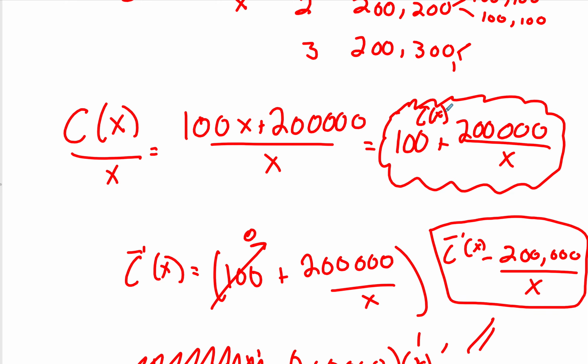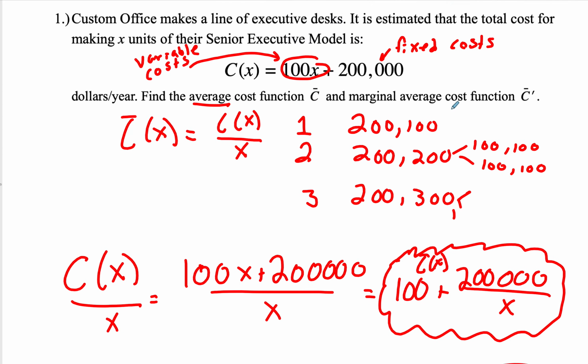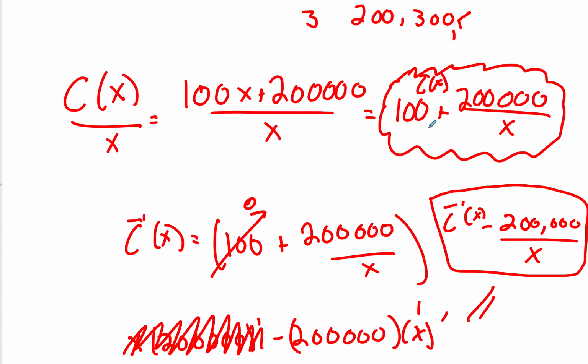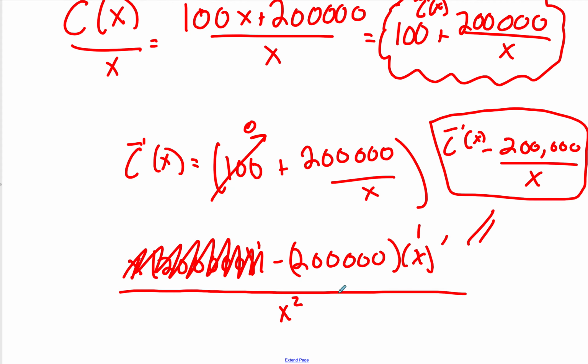Let me give you an example. At 2, the average cost is decreasing by 100,000, right? Think about that, because if x is 2, negative 200,000 over 2, right? Let me just show you so you can see. So look, if x is 2, then the marginal average cost is negative 200,000 over 2, which is negative 100,000.